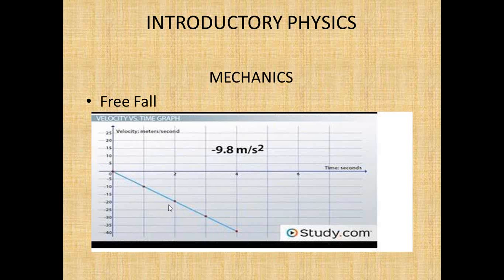So the slope of this velocity time graph is 9.8 meters per second squared. It's in this quadrant because of the direction of travel. It's coming downwards. And you can see every second the velocity increases by 9.8 meters per second.